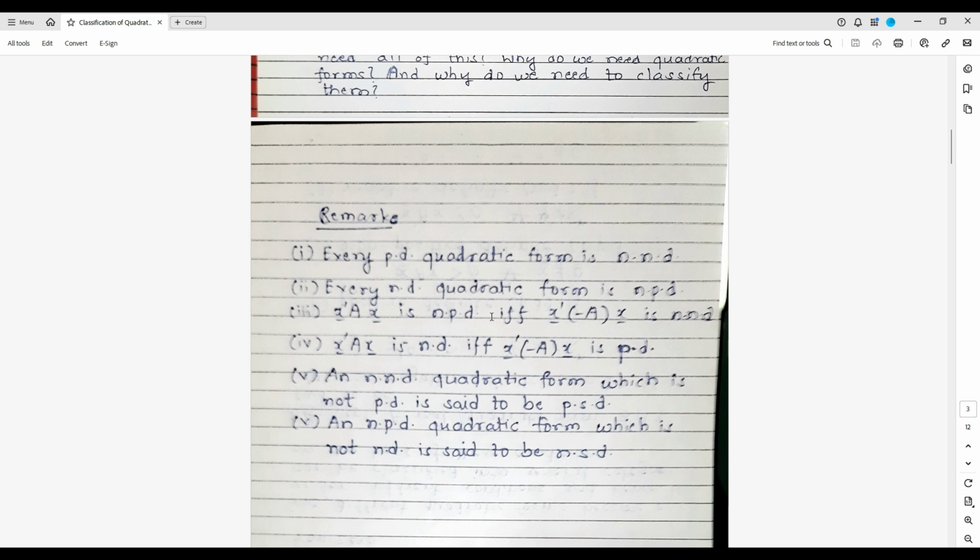Now let us see the third: a quadratic form is non-positive definite if and only if x prime minus Ax is non-negative definite. Similarly, x prime Ax is negative definite if and only if x prime minus Ax is positive definite. So these are coming by applying the definitions of positive definite, negative definite, non-positive definite and non-negative definite.